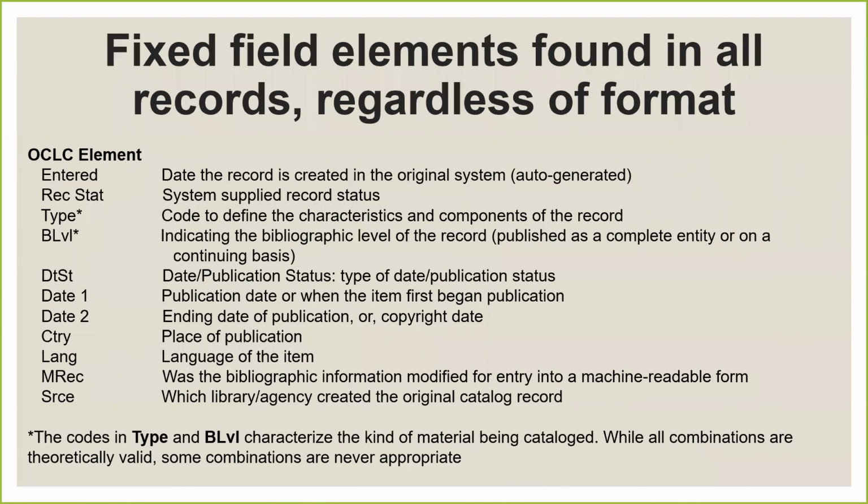The codes in type of record and bibliographic level characterize the kind of material being cataloged. While all combinations are theoretically valid, some combinations are never appropriate. For example, if the type is book, the BLVL code for realia is not available, nor is it appropriate.